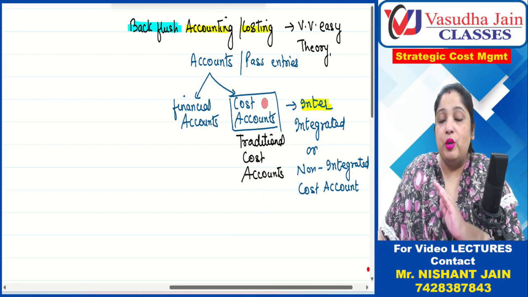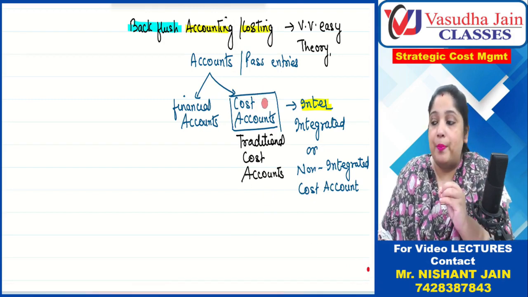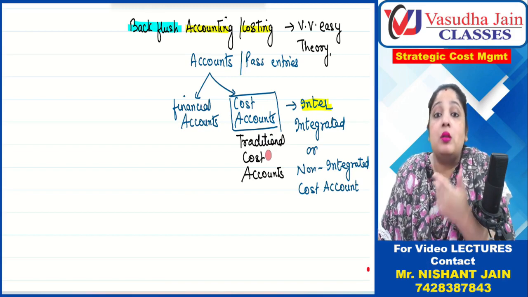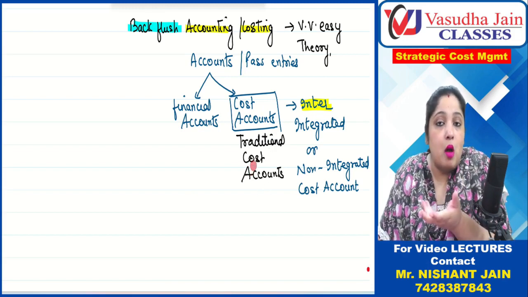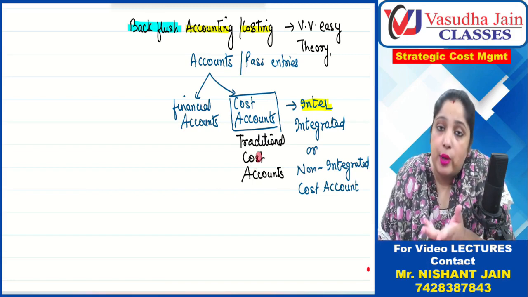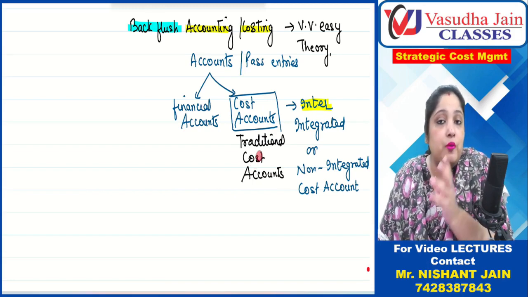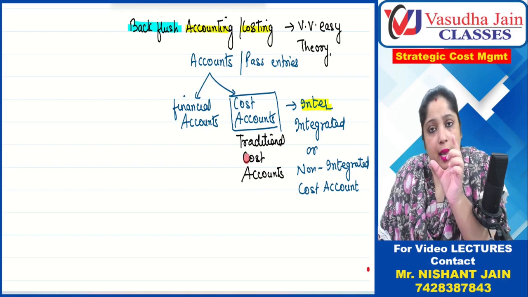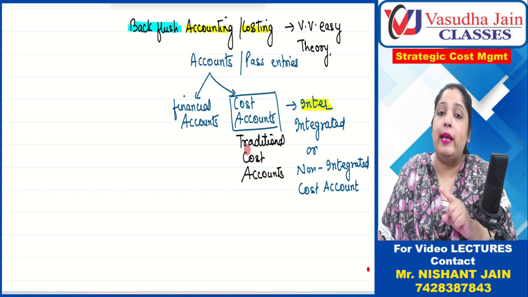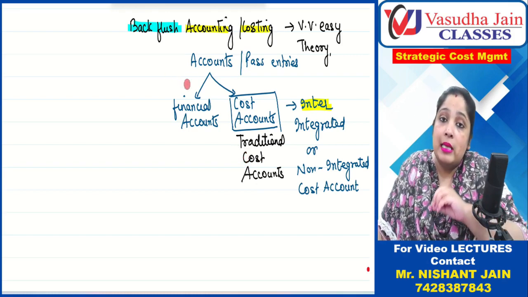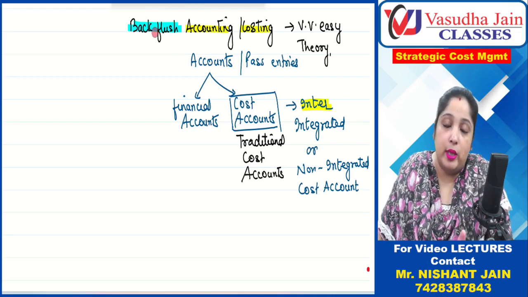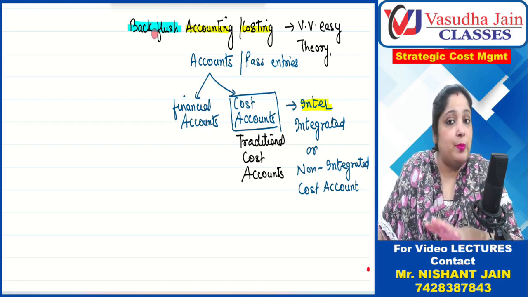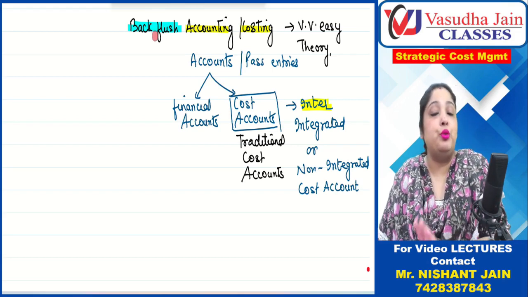I am going to give you a very small example of how cost accounts are made: how finished goods account, stock accounts, raw material stock account, work in progress account, overhead account, and cost of goods sold account are made. Then I will tell you how traditional cost accounting is different from back flush accounting. Practical portion I will explain first and then I will switch over to the theory portion.